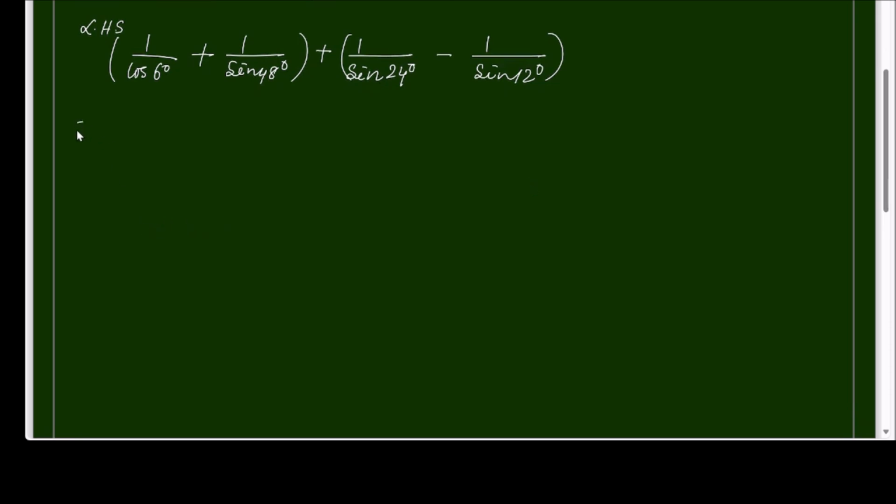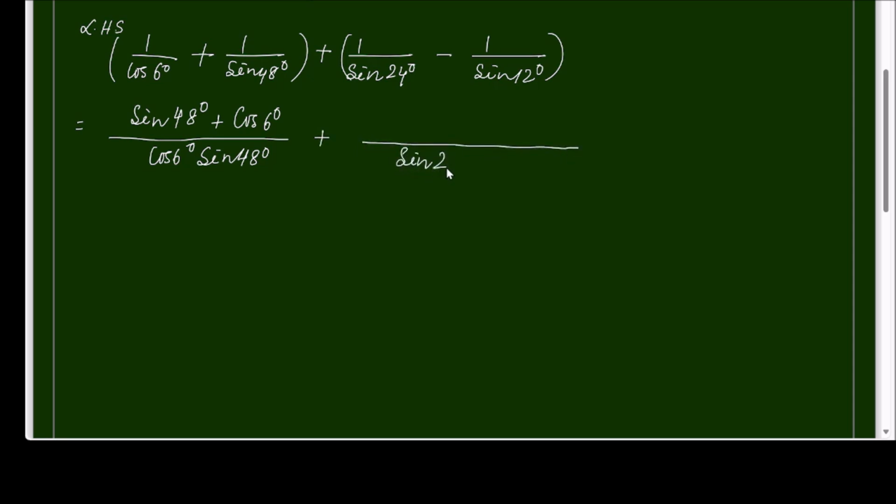Let us simplify. So the LCM will be cos 6 degree sine 48 degree, so in the numerator will be sine 48 degree plus cos 6 degree. Plus here the LCM will be sine 24 degree sine 12 degree, and sine 12 degree minus sine 24 degree.